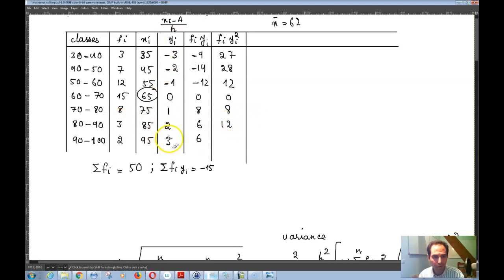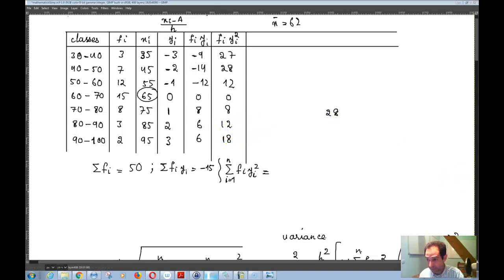And over here y of i squared is 9, 9 times 2 is equal to 18. Now sigma f of i y of i squared, as i goes from 1 to n, is equal to all of these numbers added together.